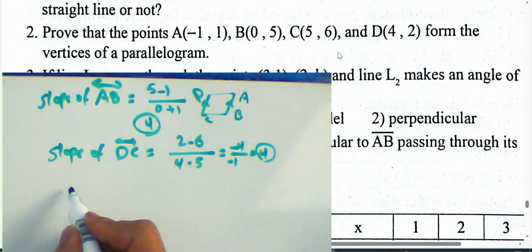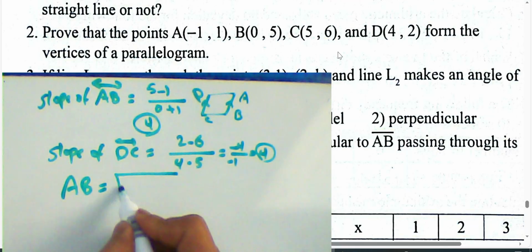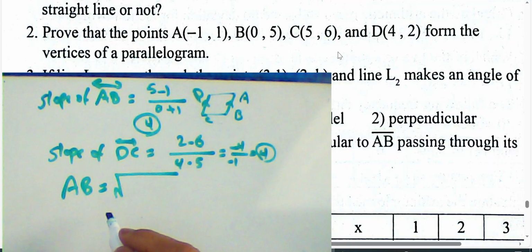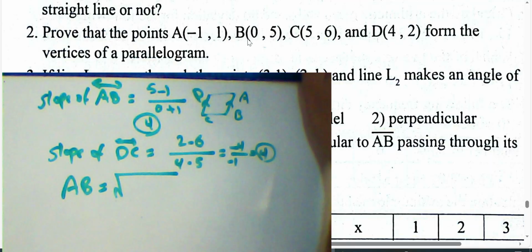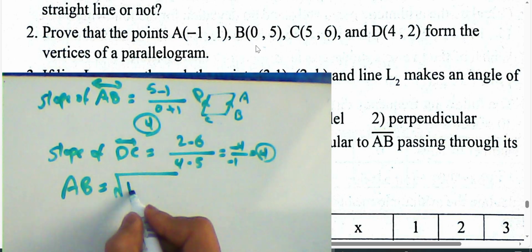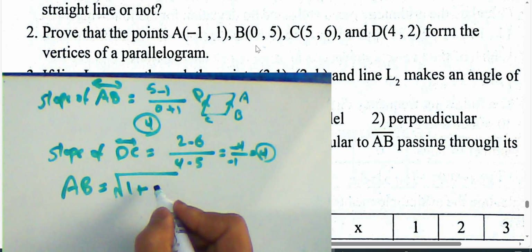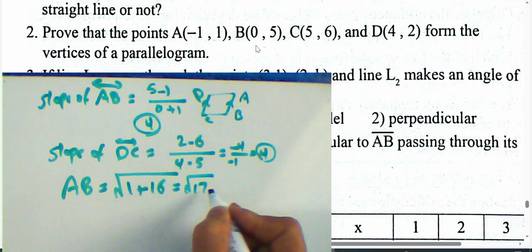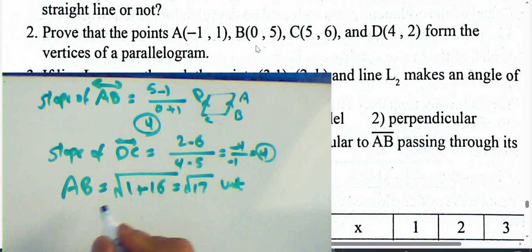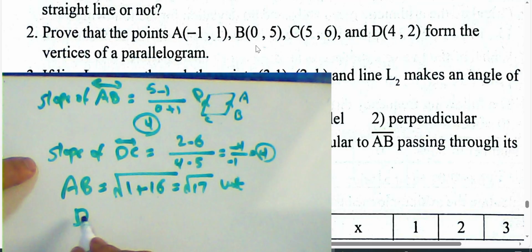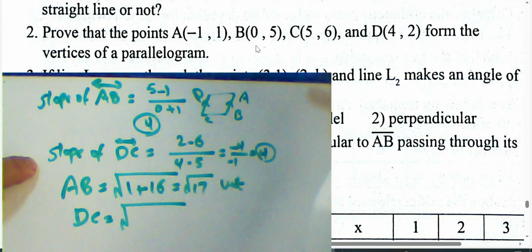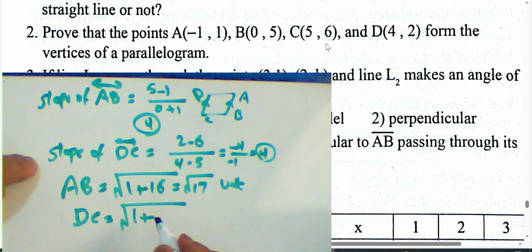And also we can find the length of AB: square root of x2 minus x1, negative 1 minus 0, negative 1 squared is 1, and 1 minus 5 is negative 4 squared is 16. The result will be square root of 17 length units. And also we can find the length of DC: 4 minus 5 is negative 1, squared is 1, and 2 minus 6 is negative 4, squared is 16.